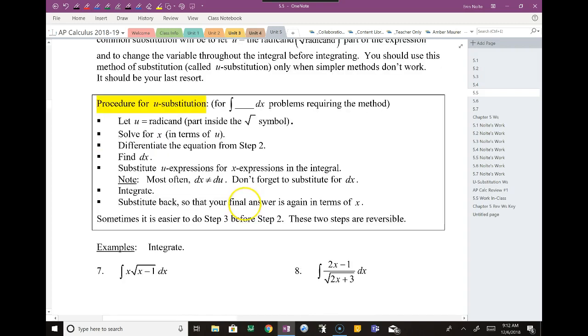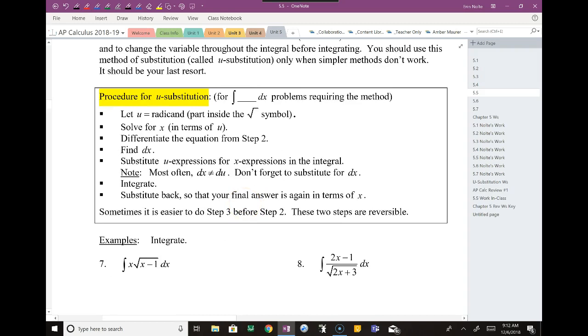Okay, so here's the little procedure. Your first step is identifying what your U piece is. Your U piece is always the stuff that's in parentheses or in a radical. Right now we're mostly focusing on the radical piece, but it can potentially be something in parentheses.